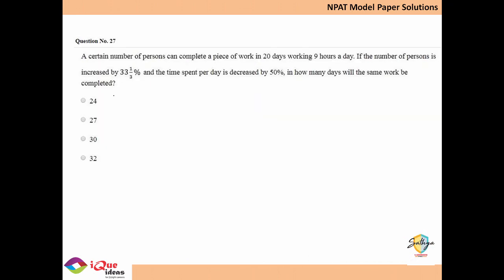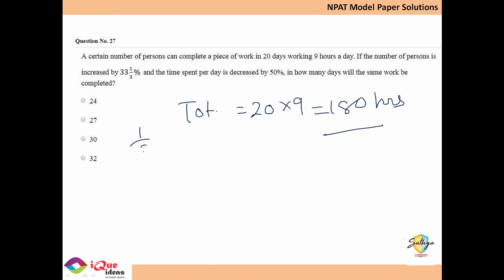Okay, now the next problem says that a certain number of persons can complete a piece of work in 20 days working 9 hours a day. So the total time in hours is nothing but 20 multiplied by 9, that is 180 hours. Now if the number of persons increases by 33 and 1/3 percent, that is nothing but 1/3.